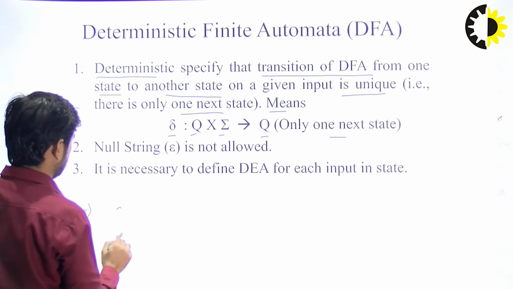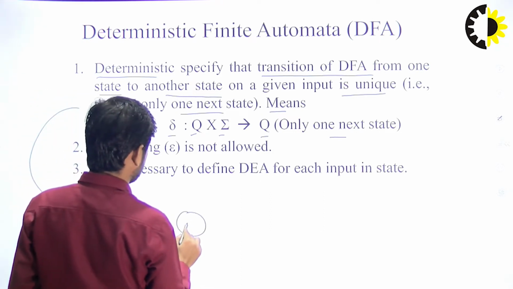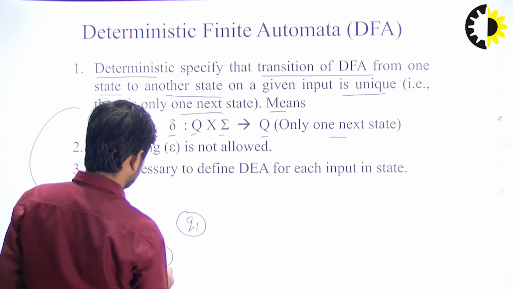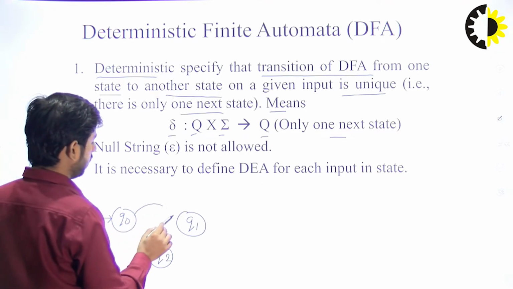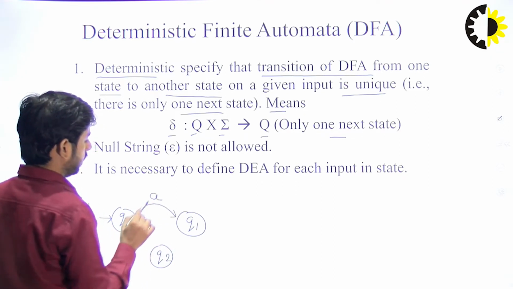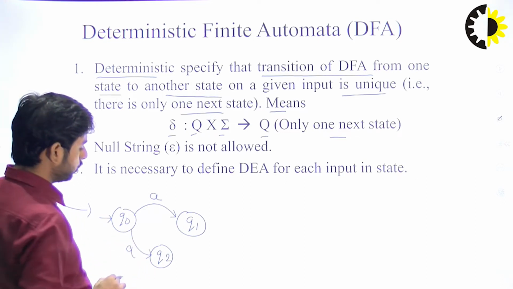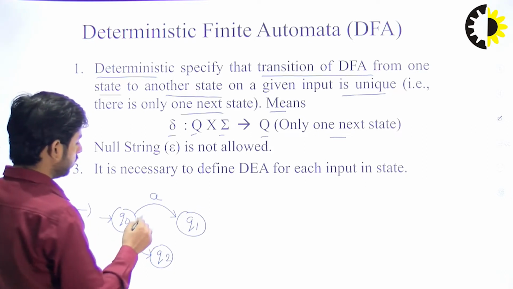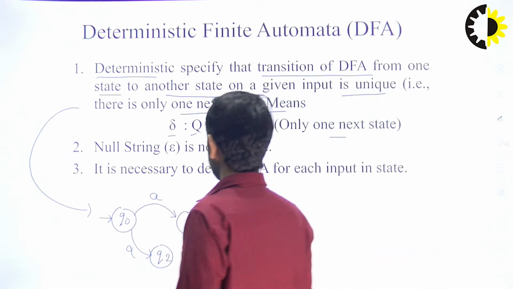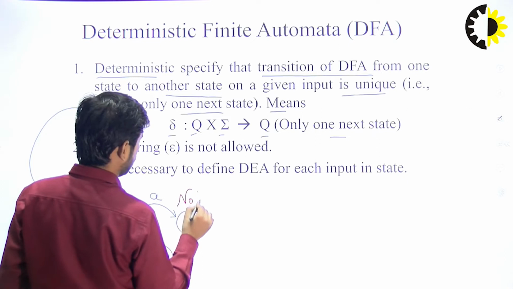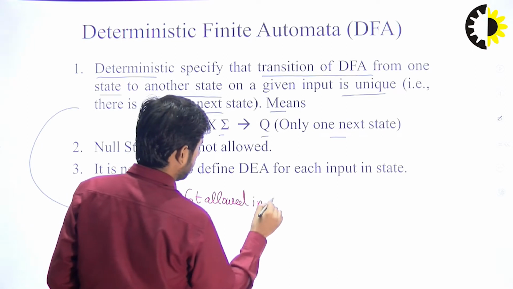Suppose there is state Q node, and there is state Q1 and state Q2. Just for the sake of example, on input A, Q node goes to Q1, and on input A it also goes to Q2. This is not the case of DFA. This is not allowed in DFA.